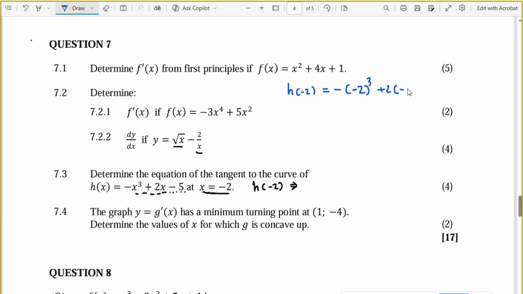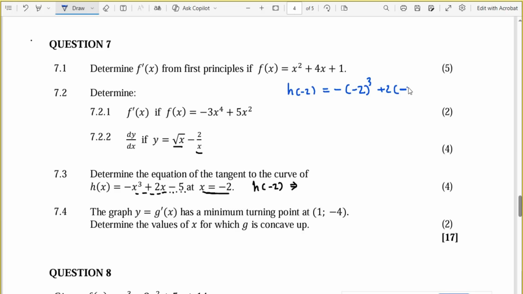I'm listening. What is h? Yes, where is it on the calculator? We didn't do it like this. Please come again. What are you saying? I don't know where h is on the calculator. No, why do you want h on the calculator? Can't you just put in the x?